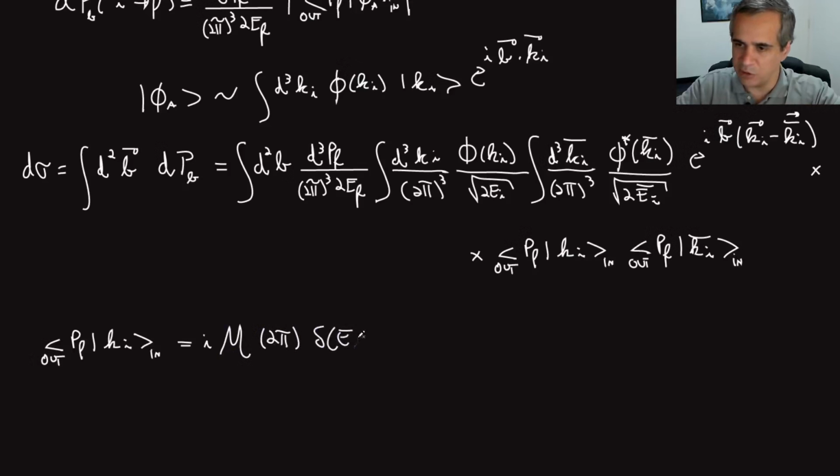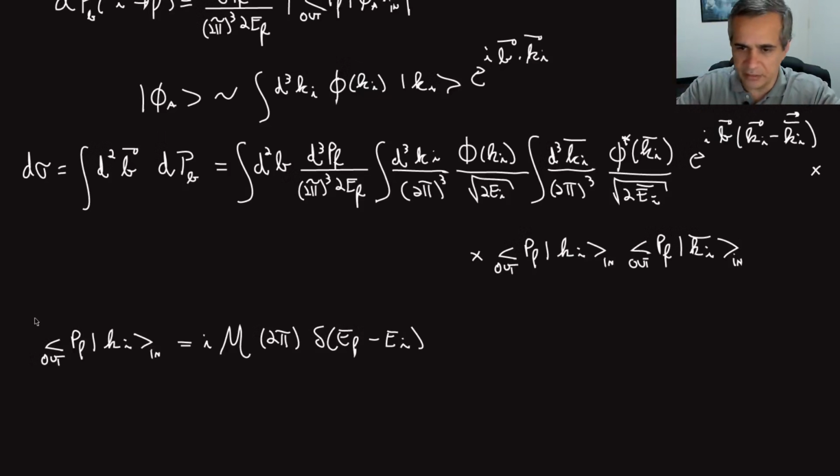Again, same logic. I only get conservation of energy here because only the module of the momentum is being conserved. Remember, there's an external source of the field that is acting on this guy, so the momentum is transferred to that external source, and essentially I'm not keeping track of that momentum.